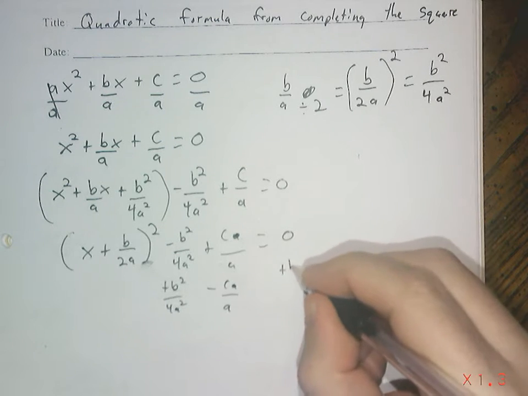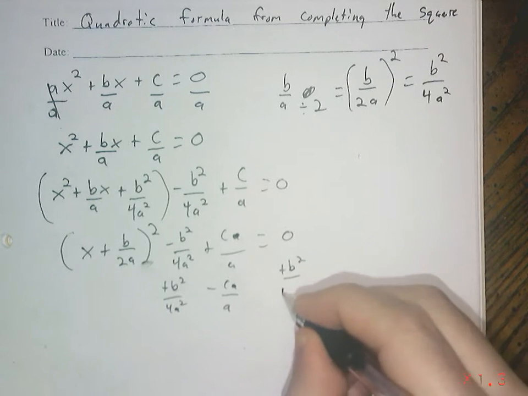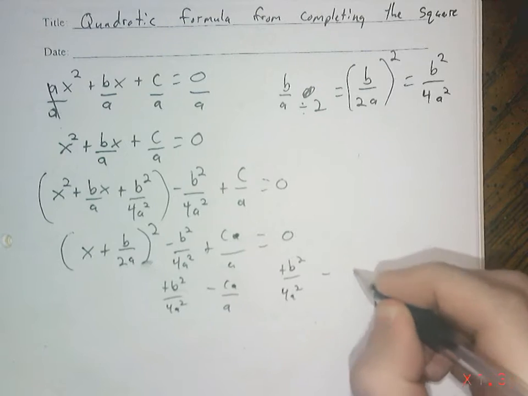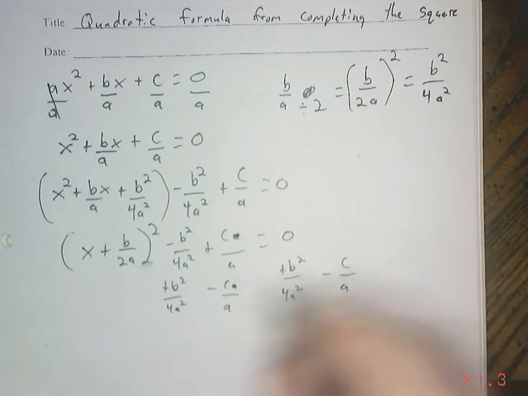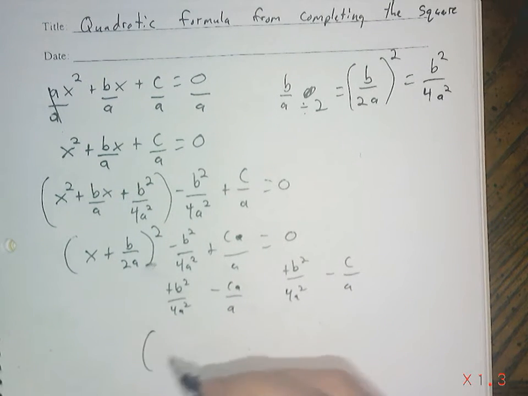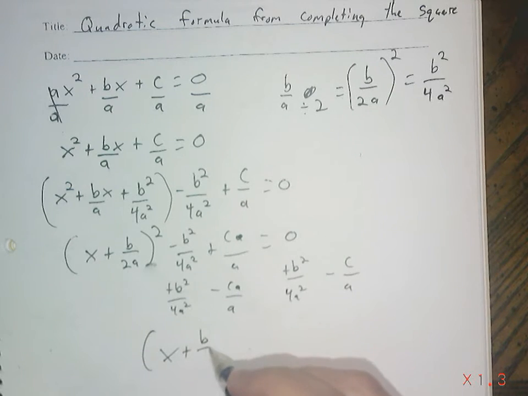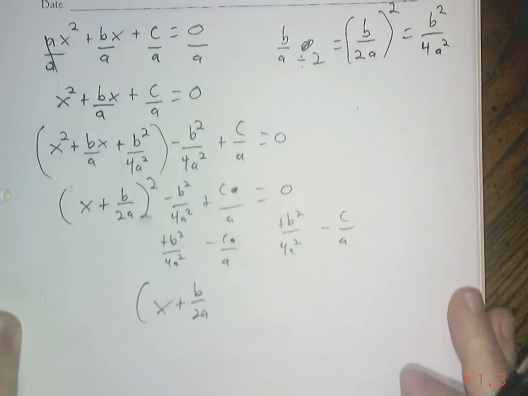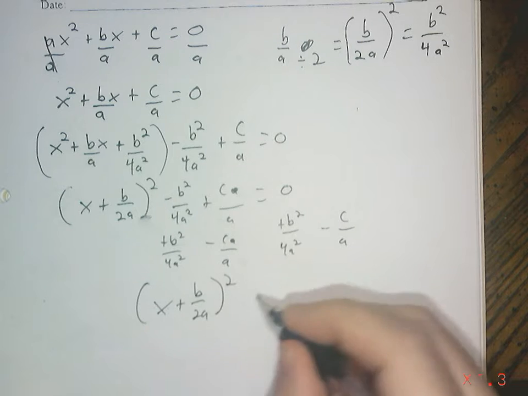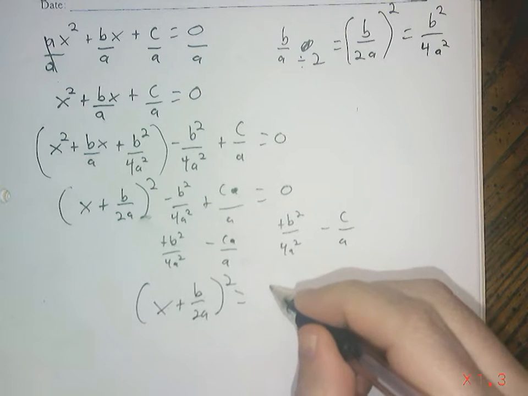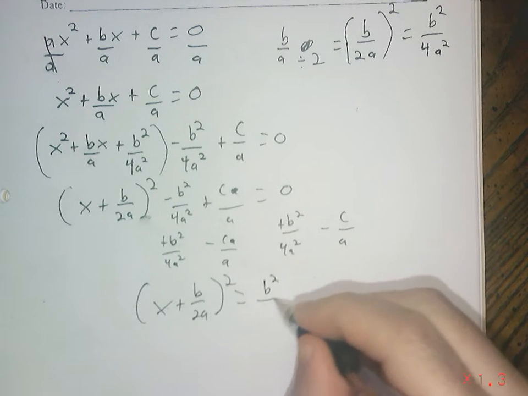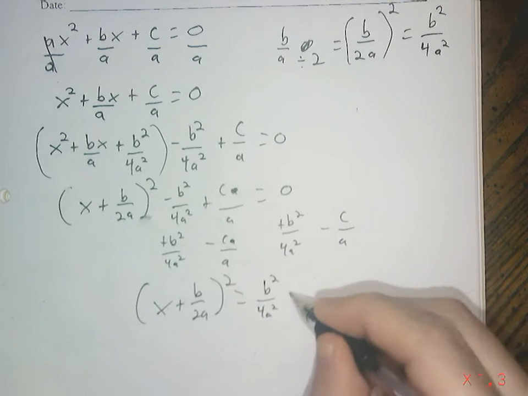I'm going to do that to both sides. And that's going to give me x plus b over 2a, squared, is equal to b squared over 4a squared minus c over a.